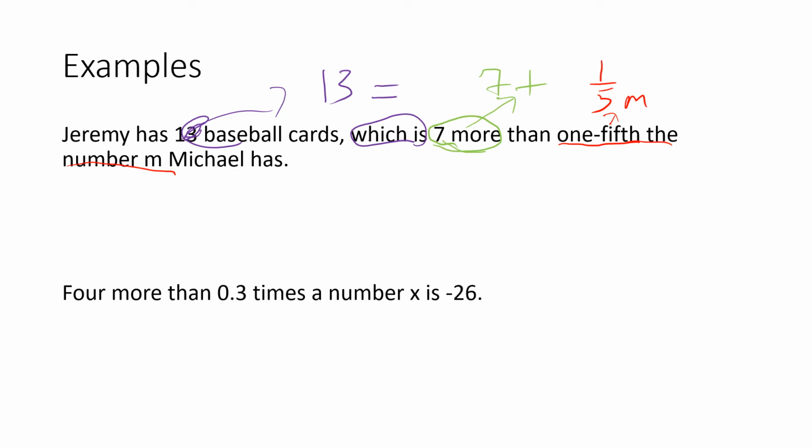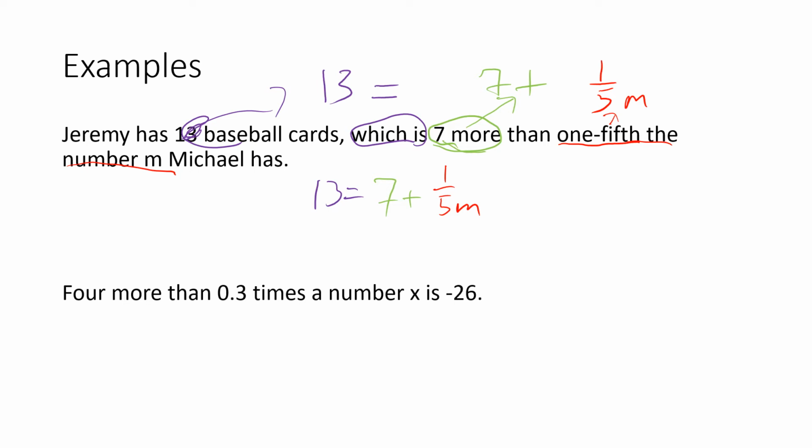If we rewrite it without the spaces, it looks like 13 equals 7 plus 1/5 M, or 1 divided by 5 M. Just remember 1/5, 2/5, 3/5, 2/3, those are all division problems, just like quotient is a division problem.